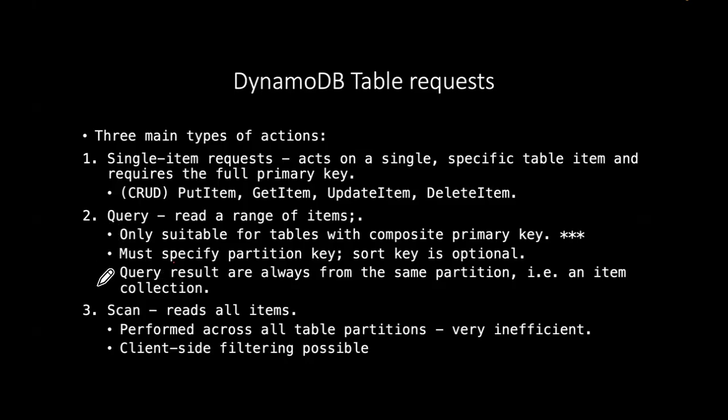So that's queries. The third type of operation is the least efficient, what's called a scan operation. A scan operation is where effectively you're asking DynamoDB, give me all of the items in a particular table. So potentially it has to go to all of the partitions to retrieve those items.